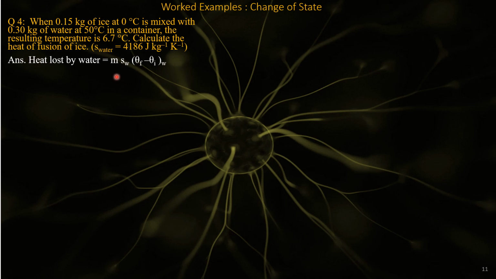Therefore, it is 0.3 kg into 4186 joules per kg per Kelvin into 50.0 degrees Celsius minus 6.7 degrees Celsius.